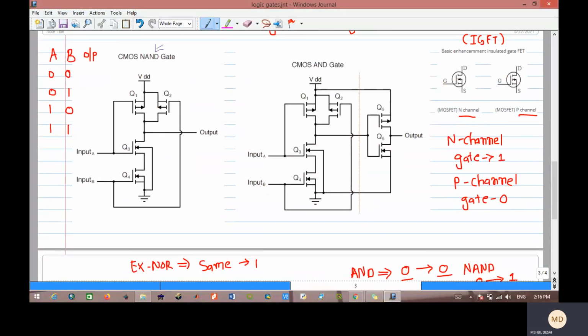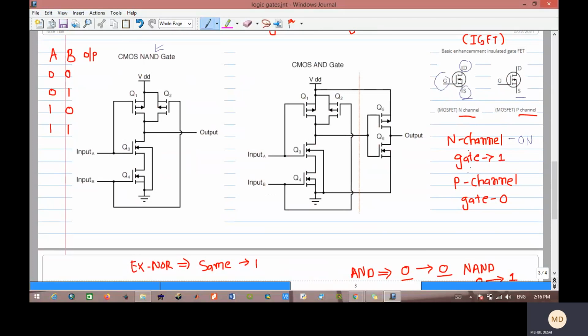Before the CMOS NAND gate, let's understand the working of the N channel and P channel. This is the symbol of the insulated gate field effect transistor. This is N channel and this one is P channel. This one is the gate terminal, this one is drain and this one is source.